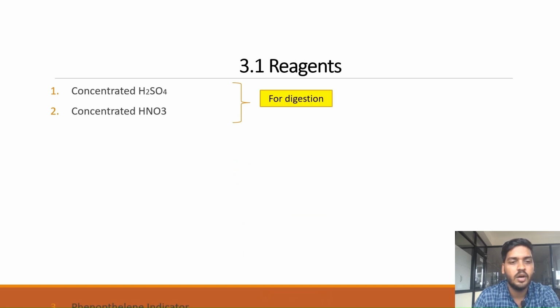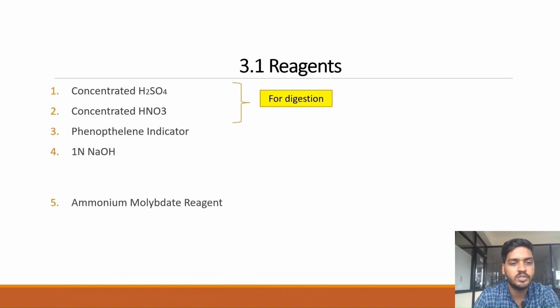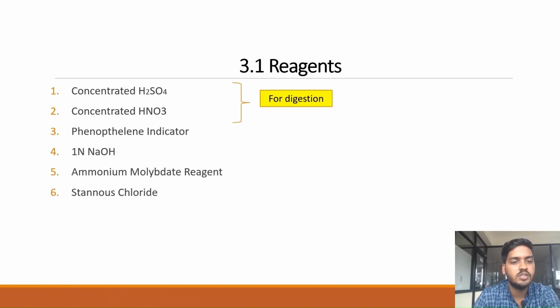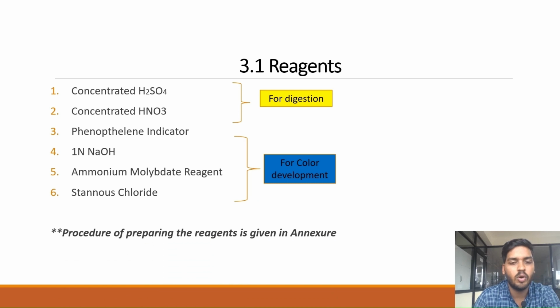Then phenolphthalein indicator, 1 normal NaOH, ammonium molybdate reagent, and stannous chloride. These reagents will be required for color development. The preparation of all these reagents is given in the annexure. You can refer to that to know the exact procedure for preparing these reagents.